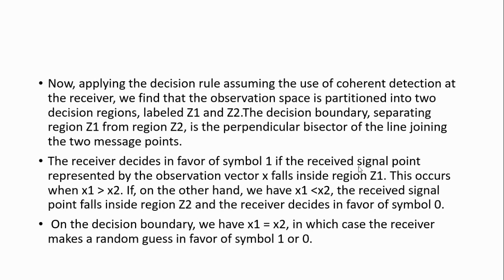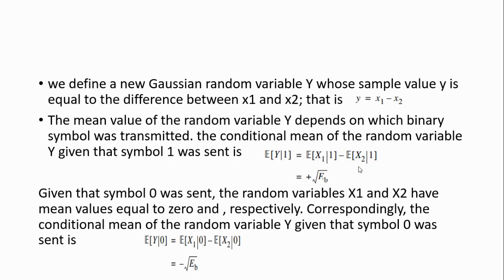The receiver decides in favor of symbol 1 if the received signal point falls inside the region Z1. This occurs when x1 is greater than x2. On the other hand, when x1 is less than x2, the received signal falls in the region Z2 and the receiver decides in favor of symbol 0. On the decision boundary, x1 is equal to x2, and the receiver randomly guesses in favor of symbol 1 or symbol 0.